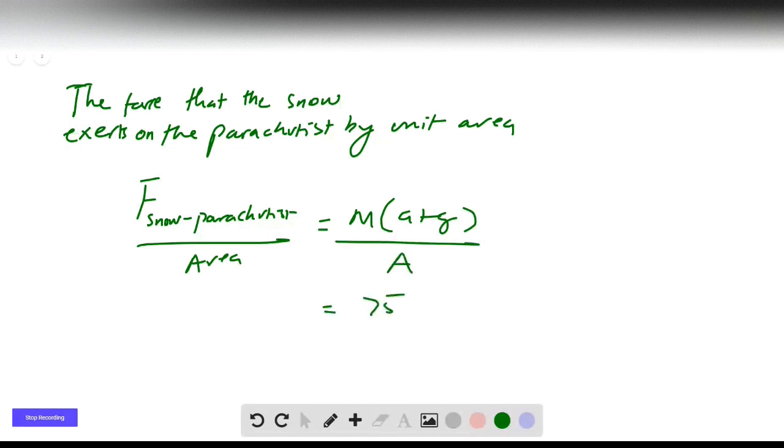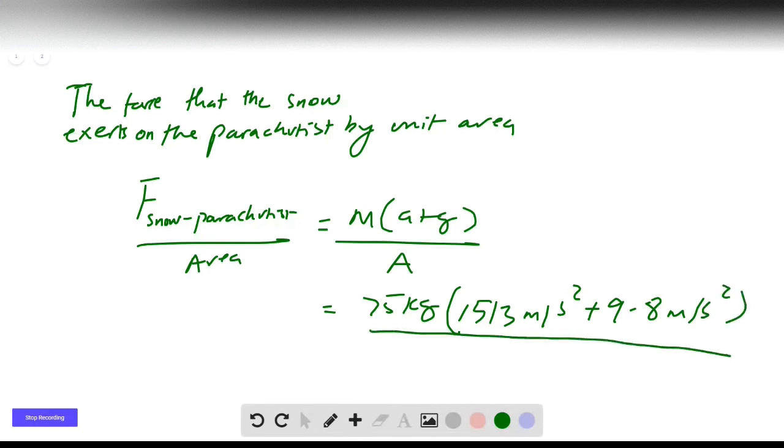Plugging in the numbers, 75 kilograms. The acceleration, as you can recall from the previous page, is 1,513 meters per second squared, plus 9.8 meters per second squared, that's the acceleration due to gravity. And then over the area, which is 0.30 meters squared.